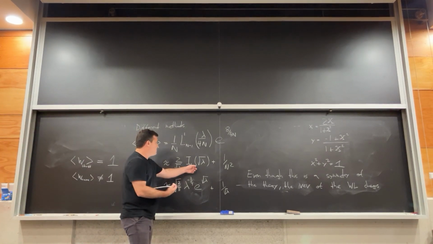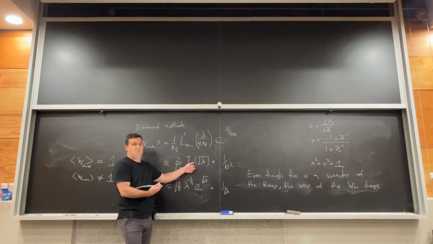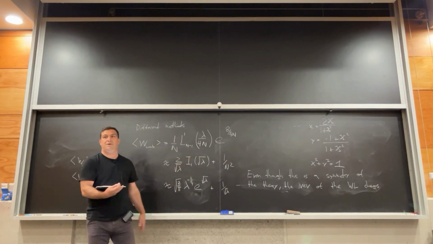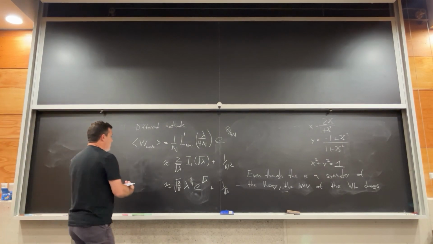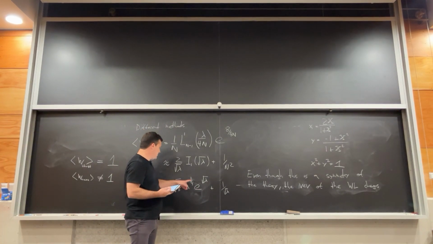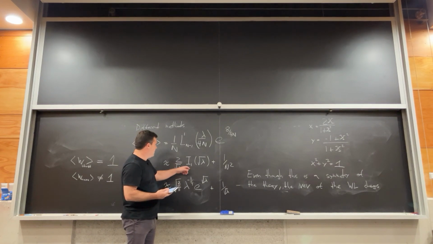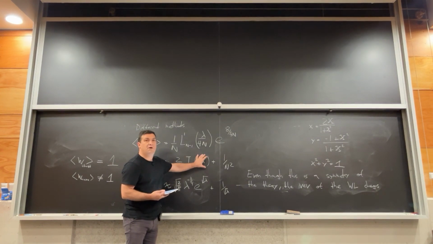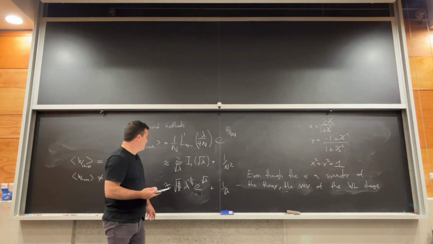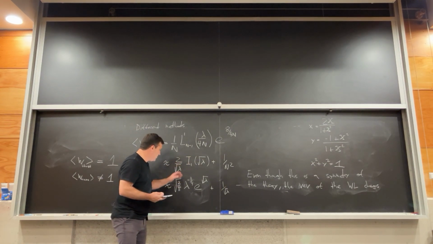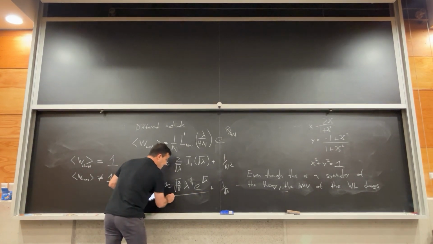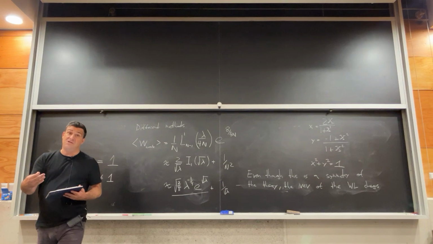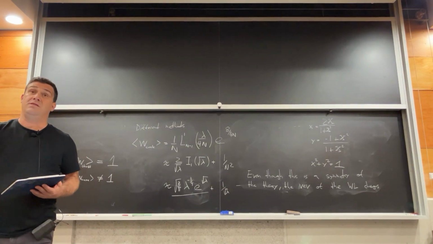Go to the Wikipedia page for the Bessel functions, and you will find this approximation right there. And you've probably seen it, right? So the Bessel function goes like an exponential, and then some power of lambda; actually I think it goes like 1 over the square root of the argument. And then you count the powers of lambda, you end up with 3/4. So this is the result for the expectation value of the circular Wilson loop in the 't Hooft limit.